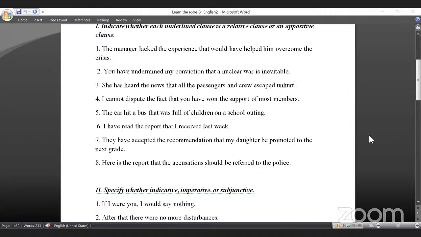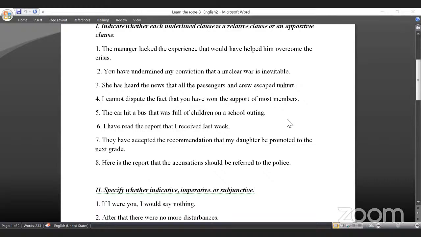So you can use your diagnostic and see if you can have two different grammatical sentences. I cannot dispute the fact. And you have won the support of most members. So what does it make it? An appositive clause, right? Again, a case of an appositive clause. You can have two perfect sentences without "that."